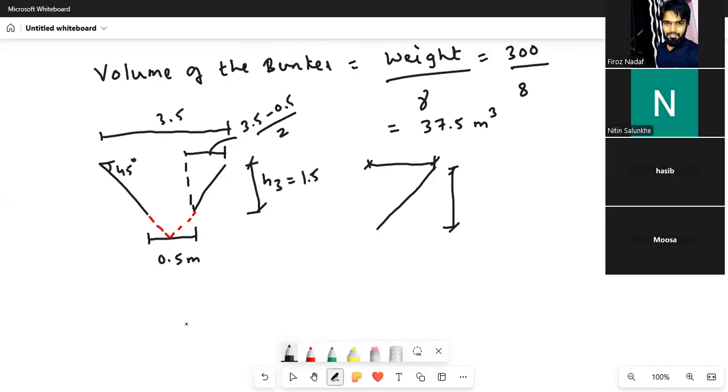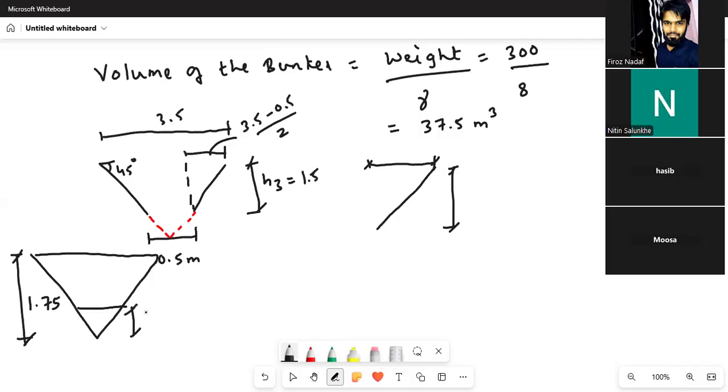See, to find the volume of the hopper bottom, we will consider the entire conical shape. So this depth will be 1.75 and this depth will be 0.25.